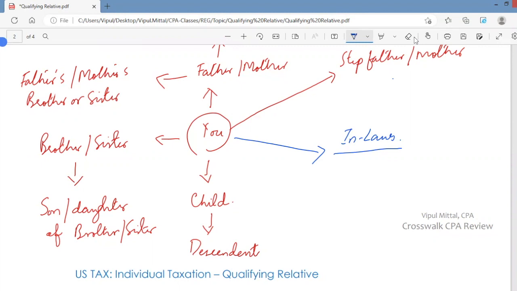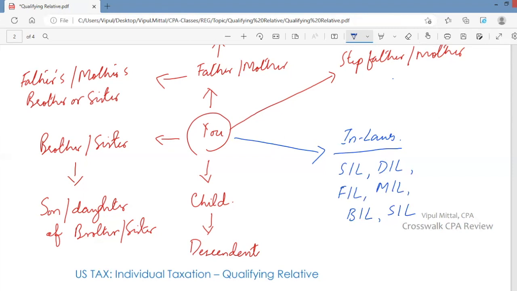You may claim your father-in-law, your mother-in-law, brother-in-law, sister-in-law as your qualifying relative. So you may claim your son-in-law, daughter-in-law, father-in-law, mother-in-law, brother-in-law, and sister-in-law as your qualifying relative.